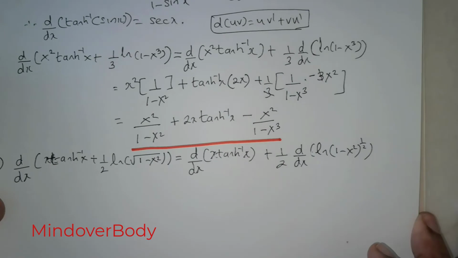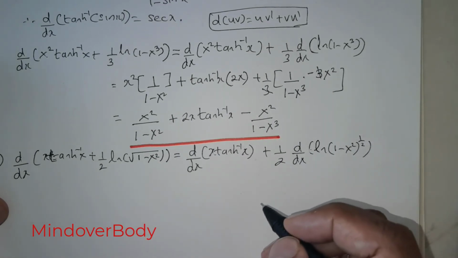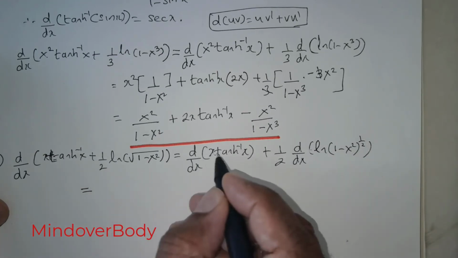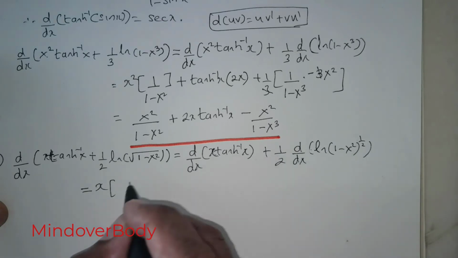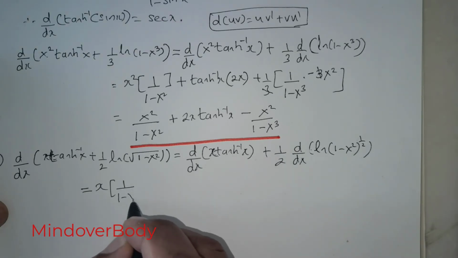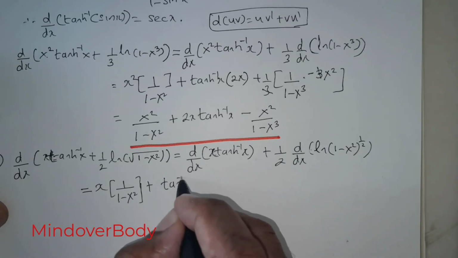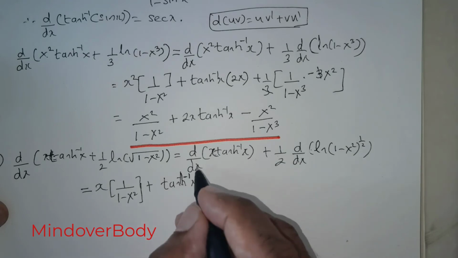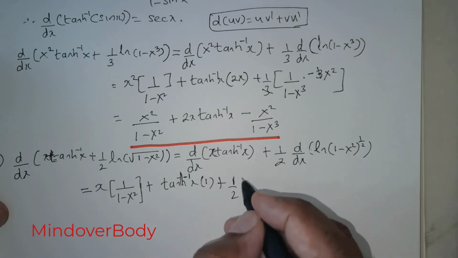Now this is going to be uv form. So if we apply uv form, this is going to be x times differentiation of hyperbolic tan inverse of x, which is 1 over 1 minus x squared, plus tan inverse of x times differential of x, which is 1, plus 1 over 2 times.